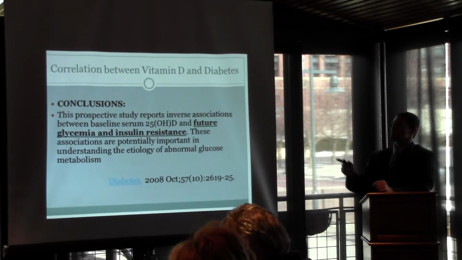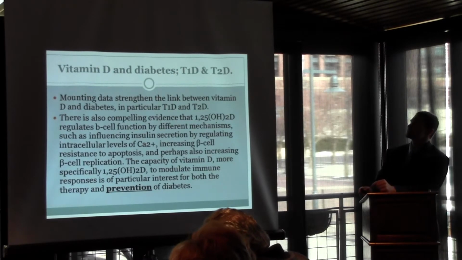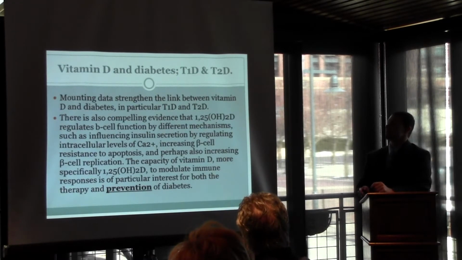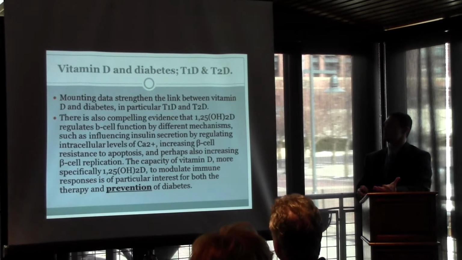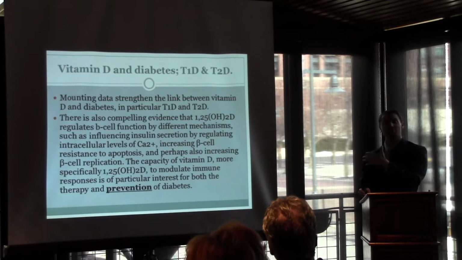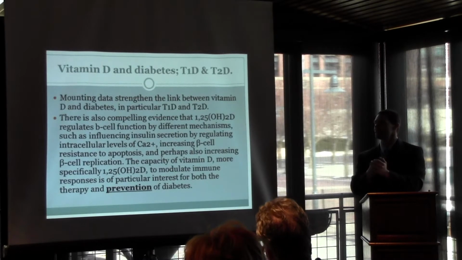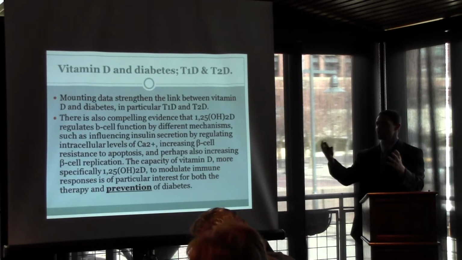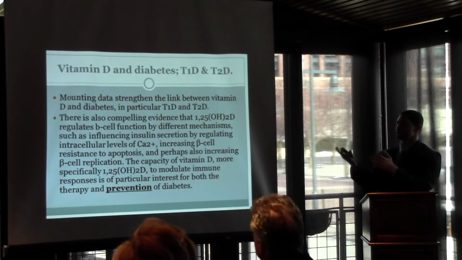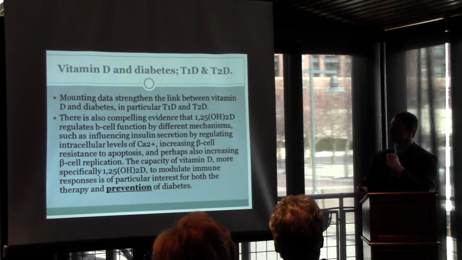So future glycemia and insulin resistance here. Mounting data strengthens the link between vitamin D and, in particular, type 1 and type 2. So again, it's not just one or the other, it's both. Right? And we also talked about that there's just as prevalent an impact because of the way the immune system regulates those different Th1 and Th2 responses, that latent autoimmune diabetes could just as easily be added to this.